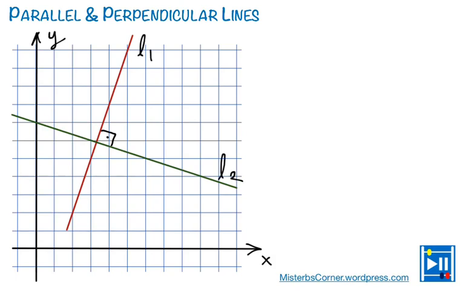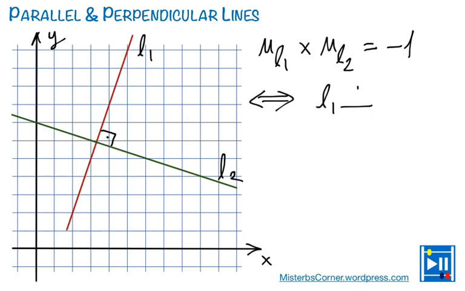So for L1 and L2, if the gradient of L1 multiplied by the gradient of L2 is -1, then, and this is also a two-way arrow, we can say L1 is perpendicular to L2. So if L1 is perpendicular to L2, then their gradients multiply out to -1. So it works both ways as in the parallel rule.